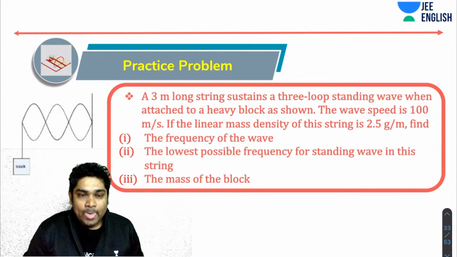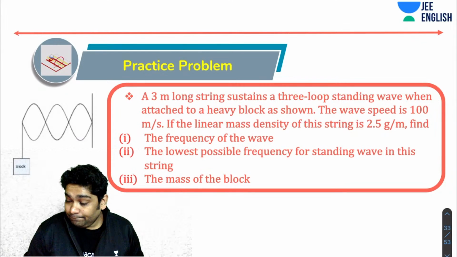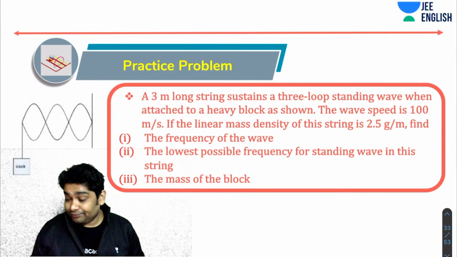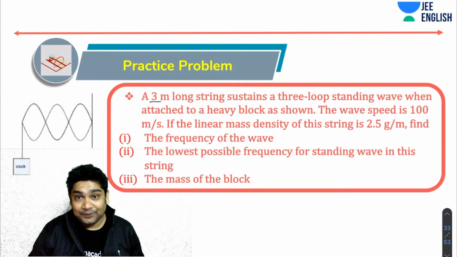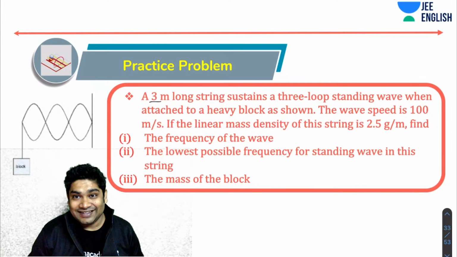Okay, let's see. You have been told the length, you have been told the number of loops. So I'm sure you can find the frequency then. What is the frequency?